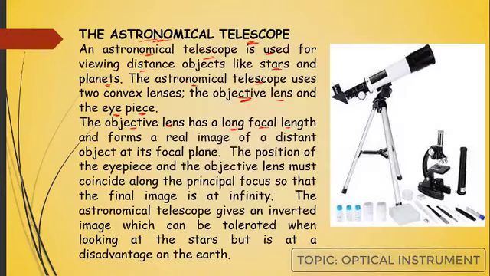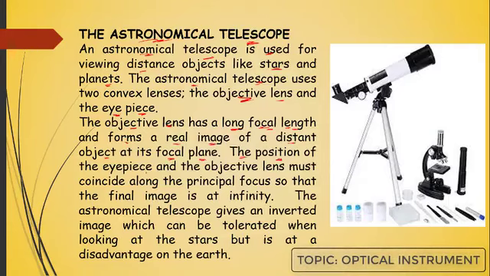On the other hand, the astronomical telescope is used for viewing objects that are very far away from it. So this long focal length helps to form a real image of a very distant object at its focal length.